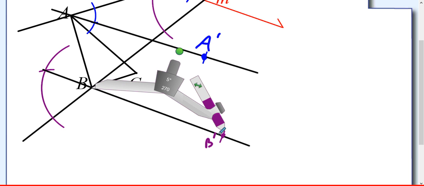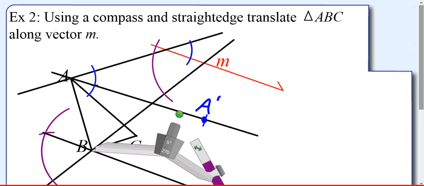The very last thing we need is one more parallel line that's going to go through C. So it's those same steps one more time.